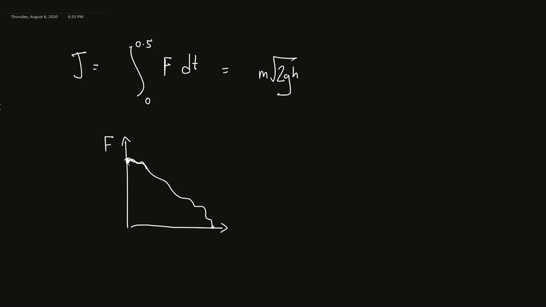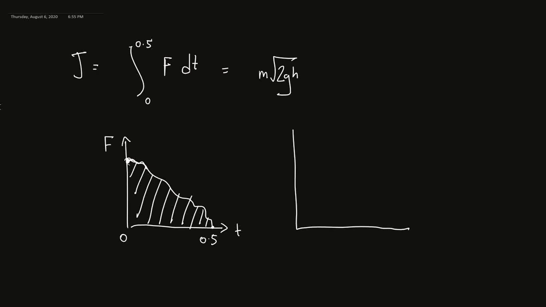How can we find the average force in this time 0 to 0.5? So of course, impulse is basically this area, right? Impulse is this area. Let's consider another figure where we can reproduce the same area. We can have something like this.